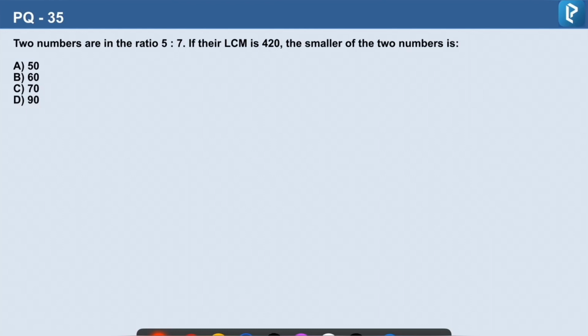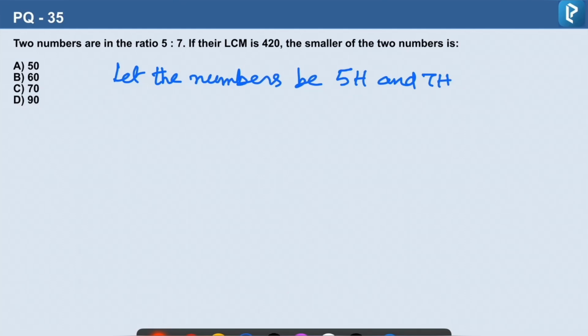They should be multiplied by the HCF to get the original numbers. So let the numbers be 5H and 7H, where H is the HCF of both the numbers.